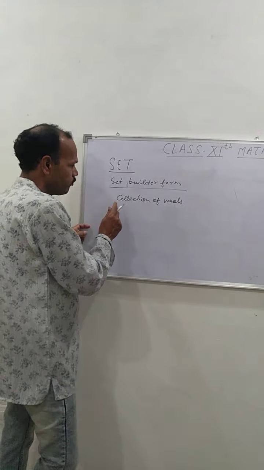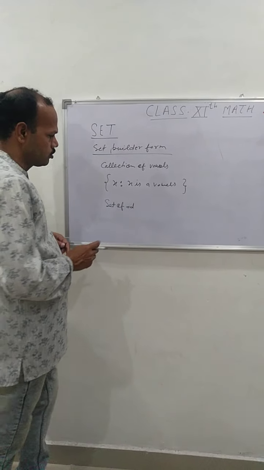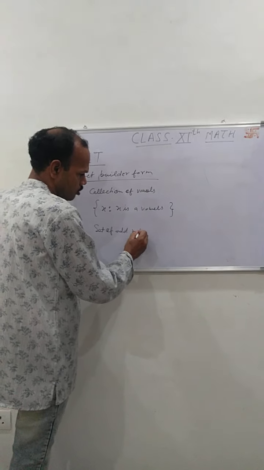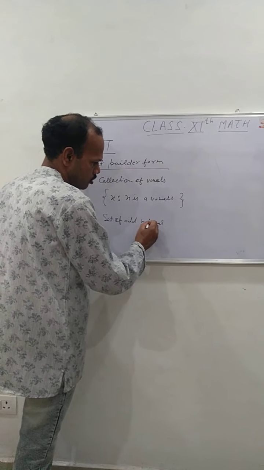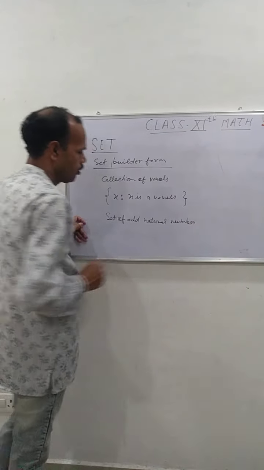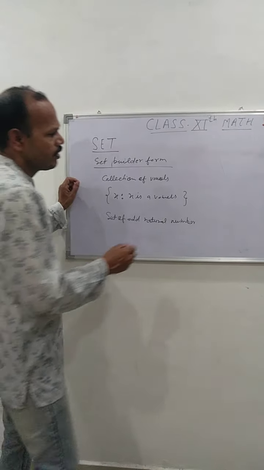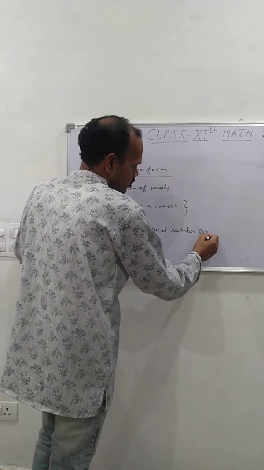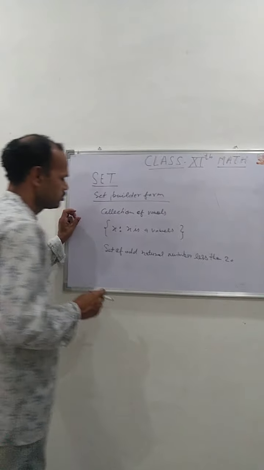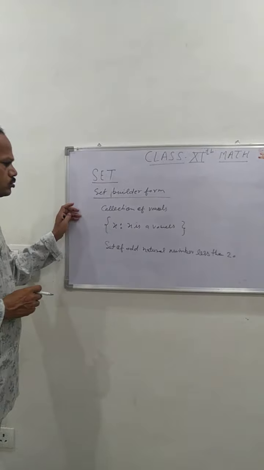Another example we are taking to describe it: the set of odd natural numbers less than 20. So how can we represent it?